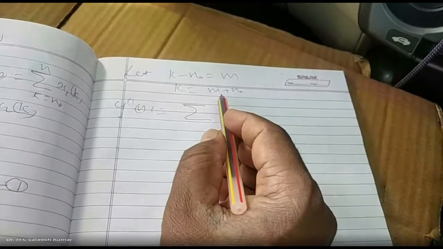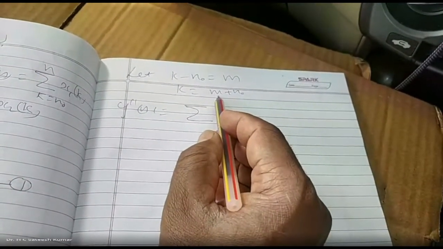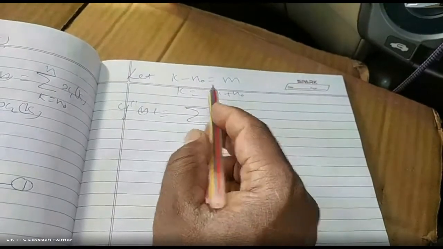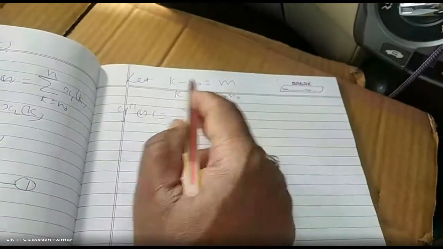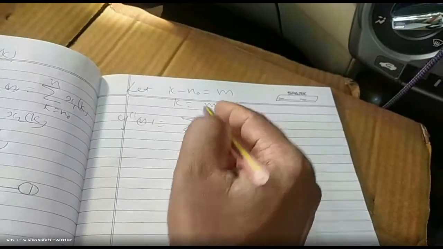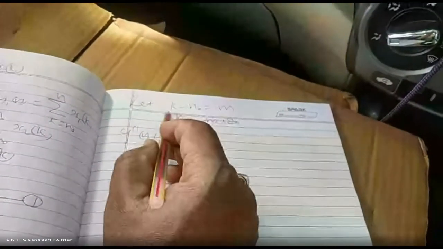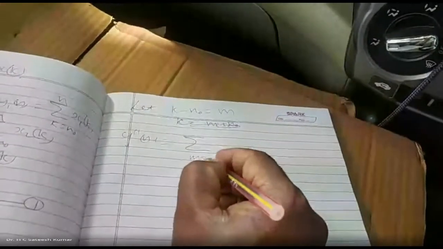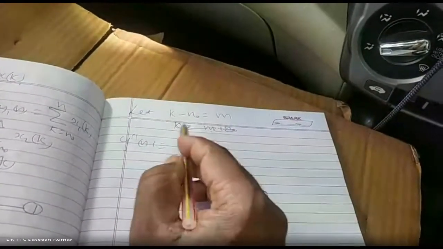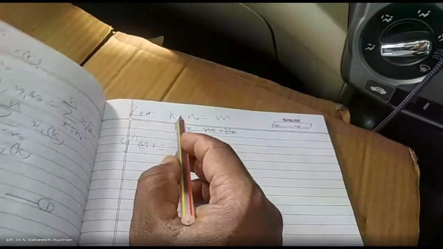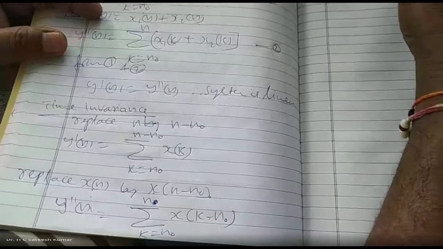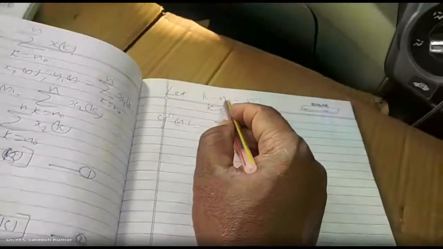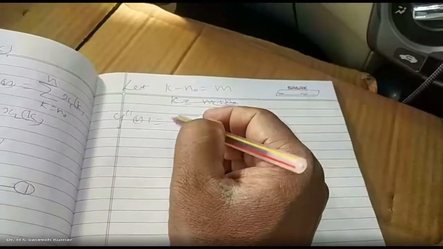When k is equal to n naught, m is equal to 0.